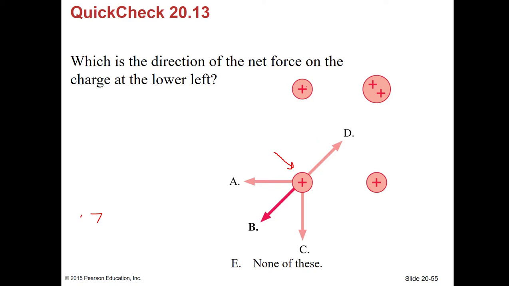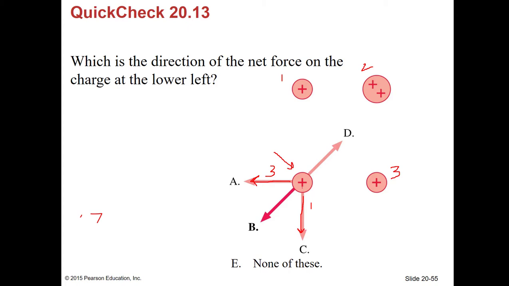Let's look at the contribution from each of these individually. Let me call this one 1, 2, 3. The force from 1 on this charge would be this direction. This is the direction of the force if we just had 3.